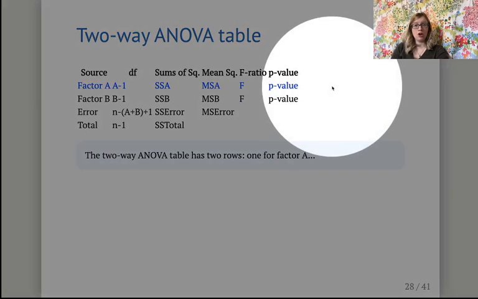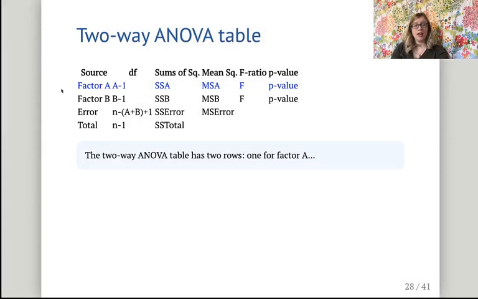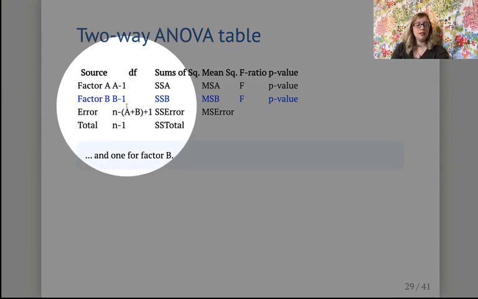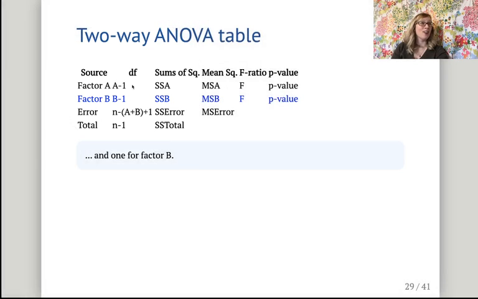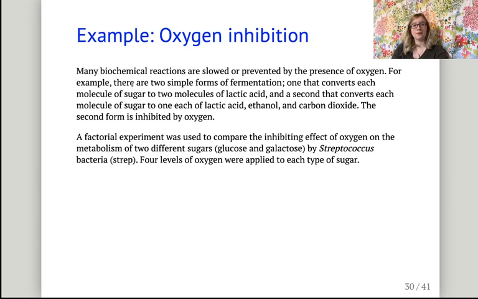We've got a row for factor A and a row for factor B. In the degrees of freedom, these indicate the number of categories. So we should have the number of categories for variable A minus 1, and the number of categories for variable B minus 1.